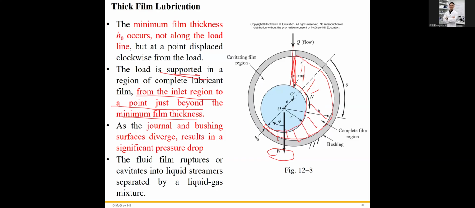As the journal and the bushing surface diverge, this results in a significant pressure drop. As I mentioned previously, this supported region is just beyond the minimum film thickness, so here's the minimum film thickness. From this point is the start of the diverge region.